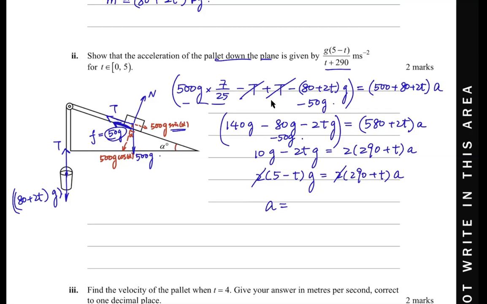So V4 is the integral from 0 to 4, 9.8, 5 minus t divided by 290 plus t dt, plus, what is the value here? 3, okay? A common mistake for students to make here is just calculating this definite integral here, okay?